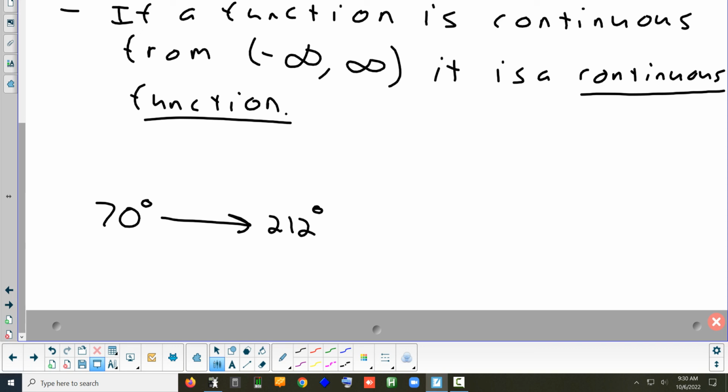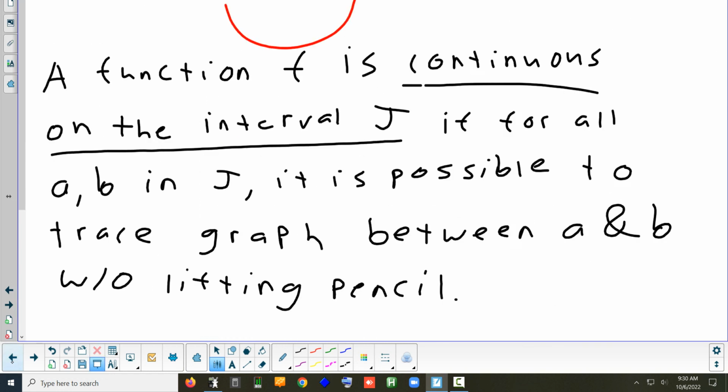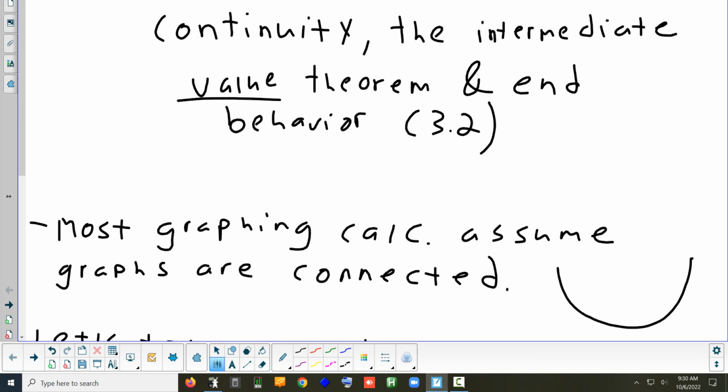So will there be a moment when your water is exactly 90.74 degrees? Yes. There will be a moment when it is exactly that temperature. You can't skip a temperature as you're heating. That's impossible. So that's called continuous. And the idea is I will go through every intermediate value between 70 and 212. I have to. I can't skip.